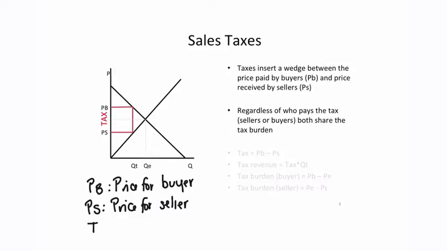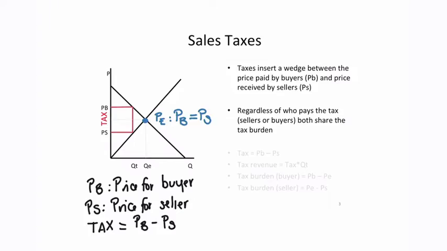So the tax is going to be the difference between these two, PB minus PS. Now, if we are in equilibrium, the price paid by the buyers, PE, is the same as the price received by the sellers. The market clears. They both are facing the same prices.